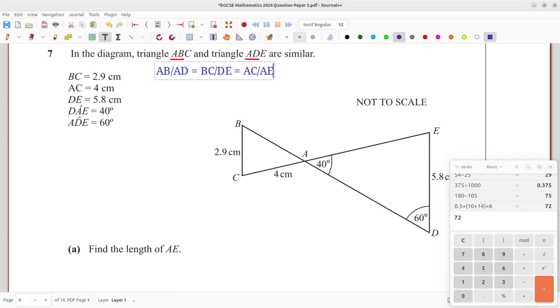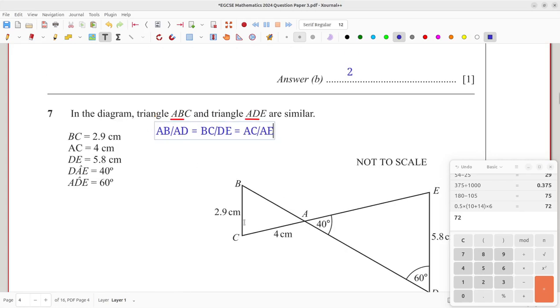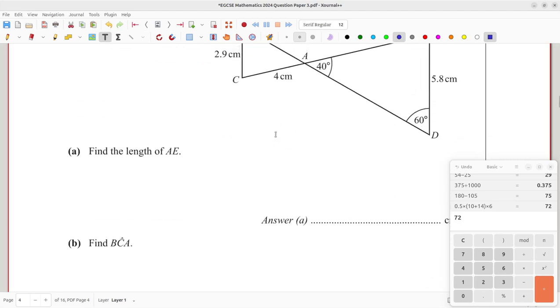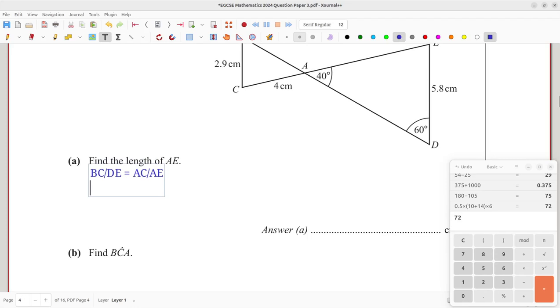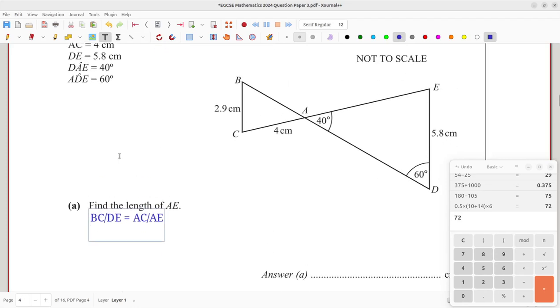We are given AC and BC, so we are going to use these two combinations to find the solution. BC is 2.9 divided by DE, 5.8.